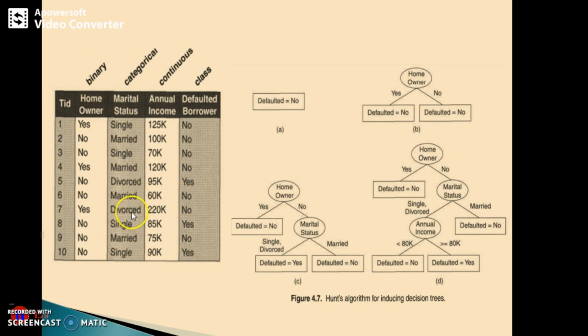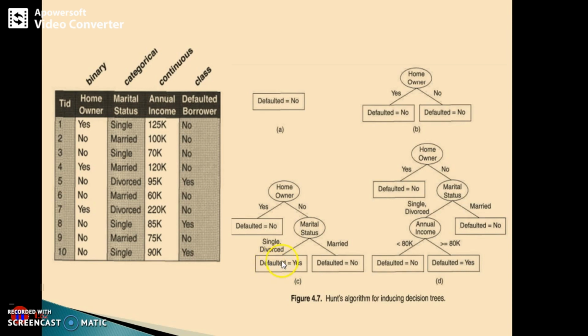And again for no class, there are 3 records total. So there is an equal count of records for both single and divorced. So here there is no majority, right?